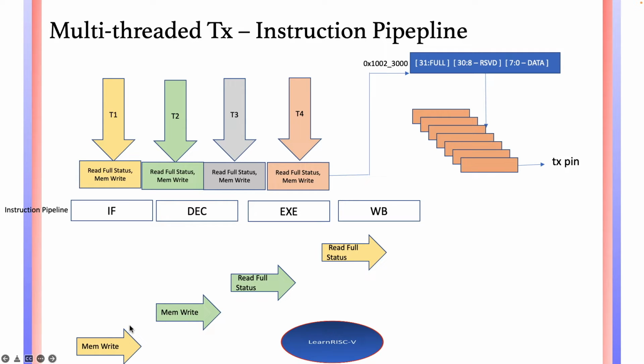But the worst part is that as long as you don't get any feedback from the receiver, it's very difficult to know if this write has been successful or was dropped. If the FIFO is full, any write into this TX register would just be dropped.